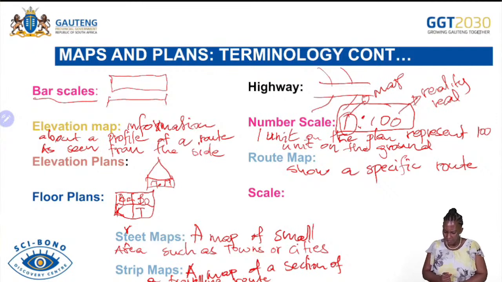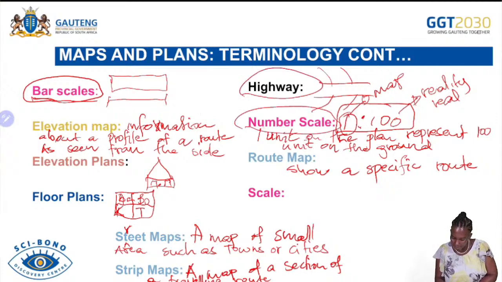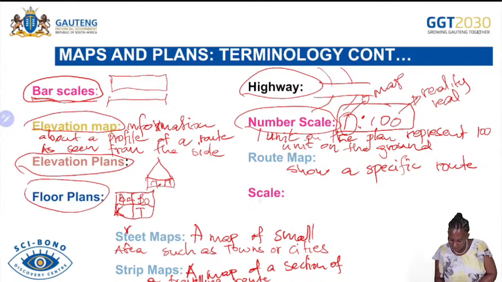Now, a scale, boys and girls. With a scale, these are just the definitions that you need to be familiar with. We have a bar scale, a highway, a number scale, elevation map, elevation plans, floor plans, and then we also have a scale now.